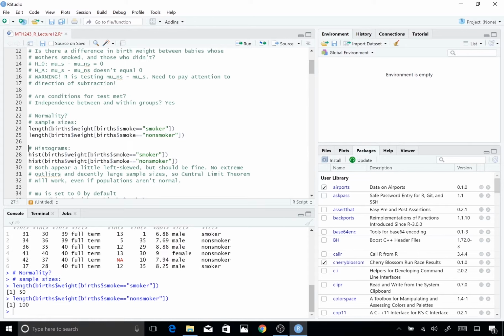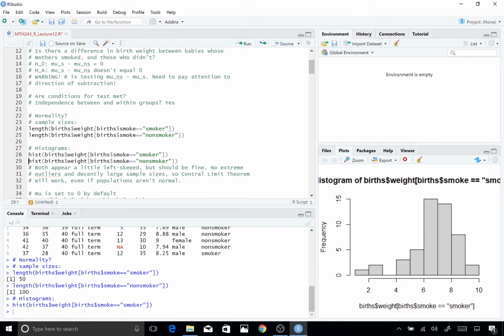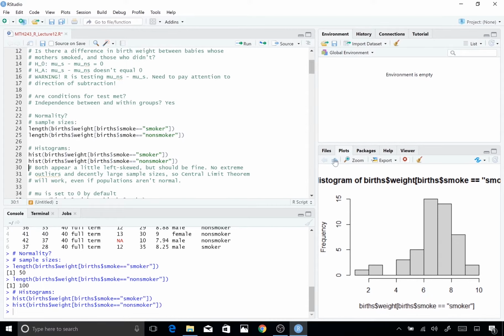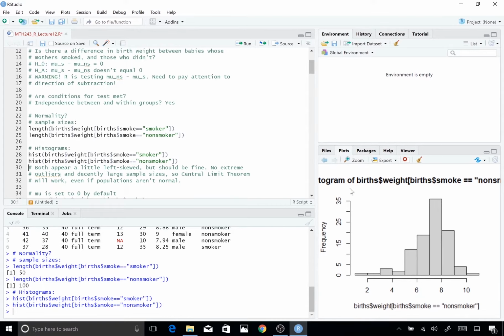Our sample sizes are big enough that we can assume normality, but let's draw some histograms anyway. They both look somewhat left skewed, but because of the large sample sizes, the means should be normal, and that's what matters for the t-test. Our assumptions are met.